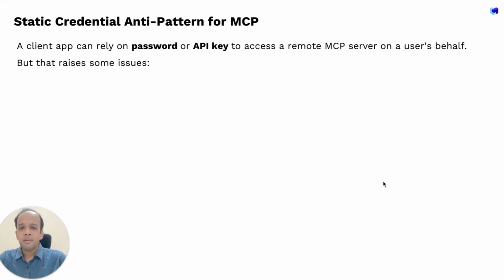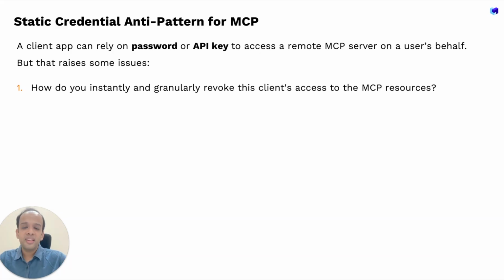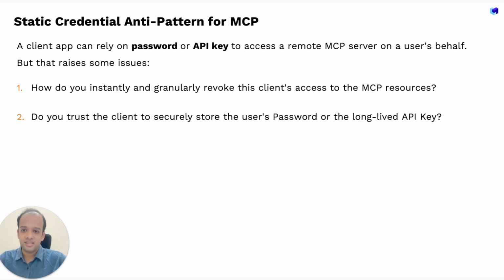The first thing that comes to your mind when you think about authentication and authorization is typically, can we use a password or an API key to access a remote MCP server? But there will be certain issues if you do that. If the client app is relying on a password, how can the MCP server instantly and granularly revoke this client's access?